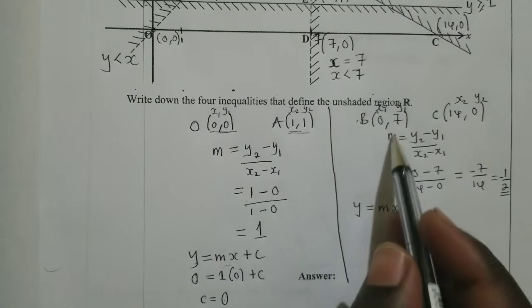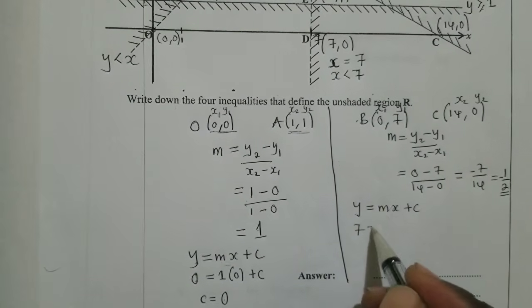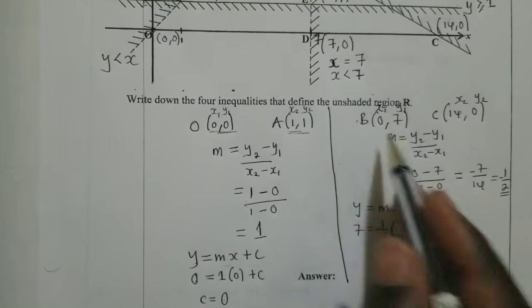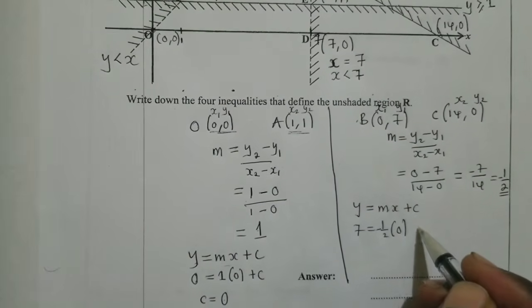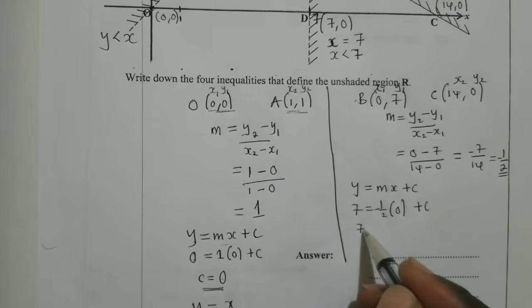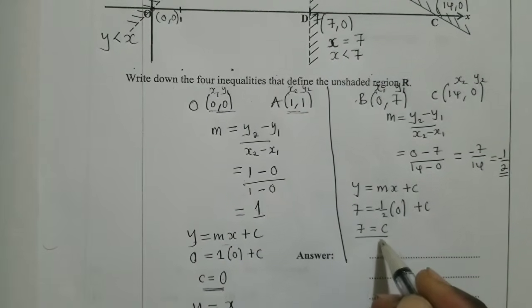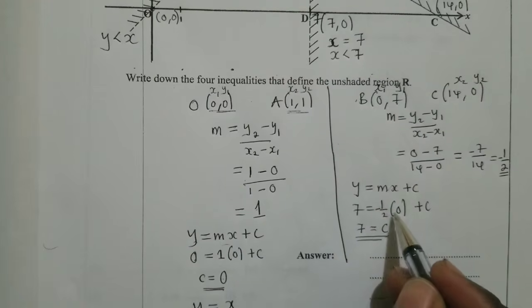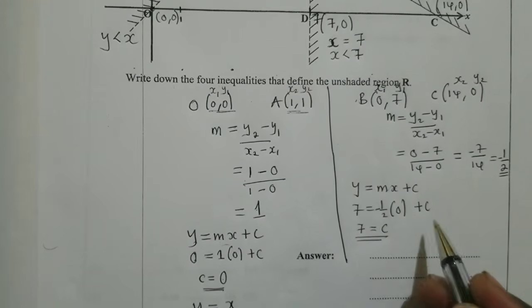So we shall put in these coordinates. y is 7, the gradient is negative 1 over 2, x is 0, plus c. So here we have 7 is equal to c, because negative 1 over 2 times 0 will just give us 0. So 7 will just be equal to c.